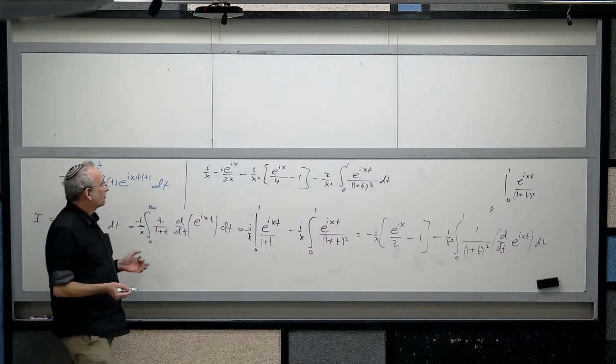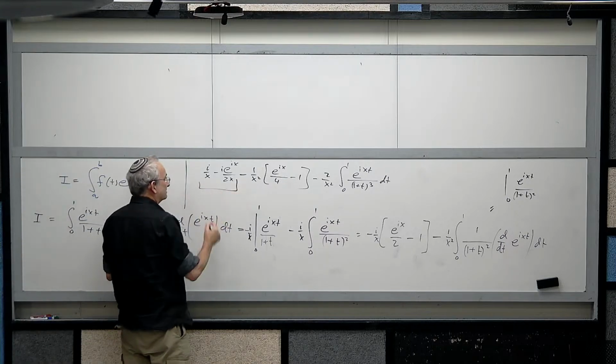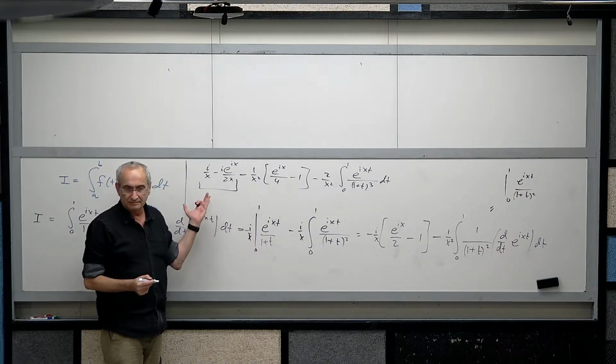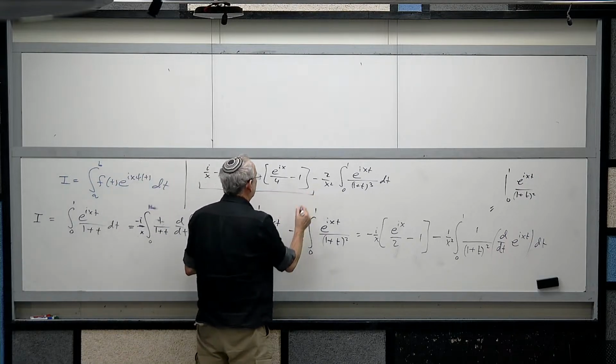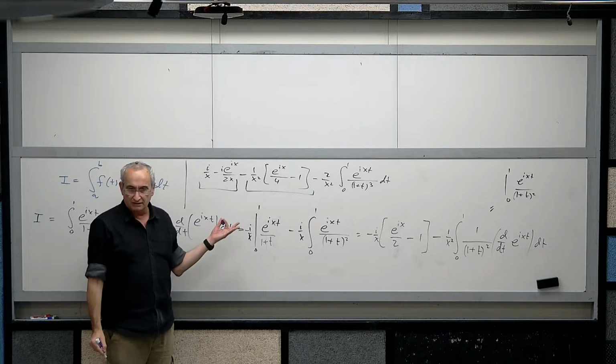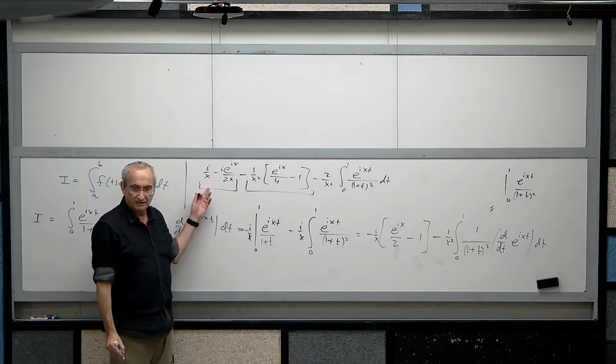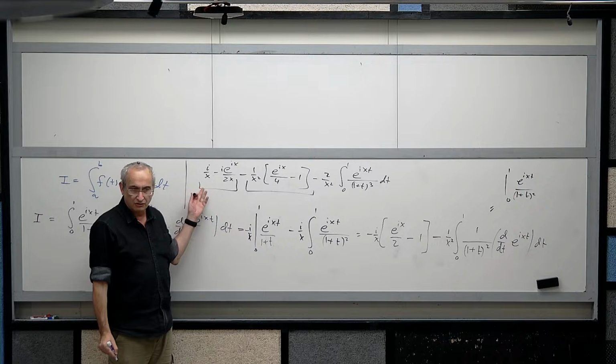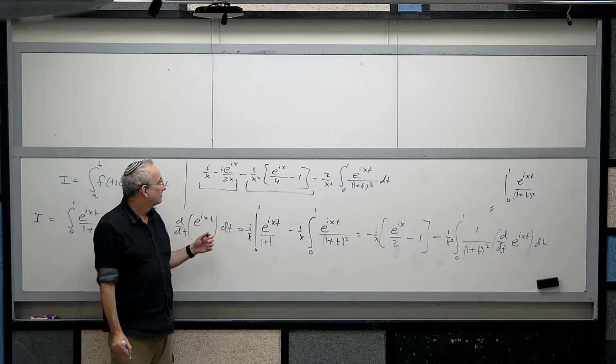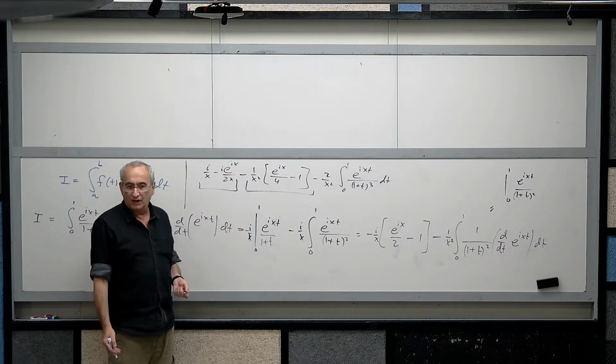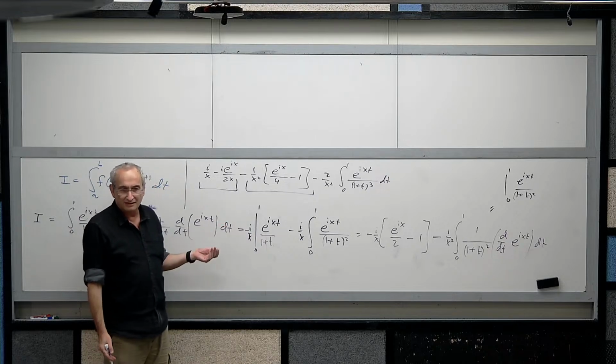And, okay, so you see that these two terms are going like 1 over x. And then we have another term that is going like 1 over x squared. So it's subdominant in the limit when x is very large. Okay? Because e to the ix is plus minus 1, it's bounded.